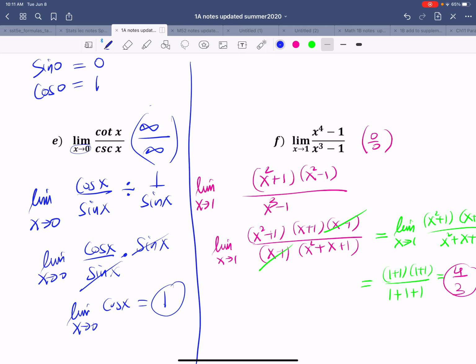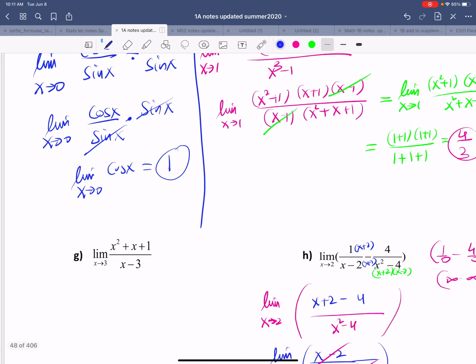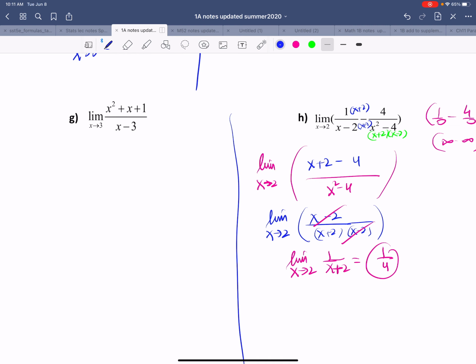All right, so next we have, let's see, there's one more problem that we didn't touch yet. This one, limit x approaches 3, x squared plus x plus 1 over x minus 3. So what is happening in this case? Remember earlier we talked about doing direct substitution. If you do direct substitution, what happens?